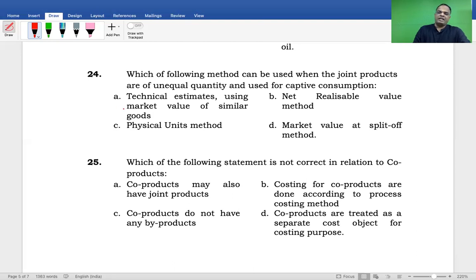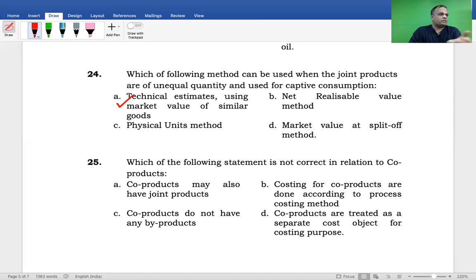Captive consumption, unequal quantity, then better you go by way of technical estimate using market value of similar goods. The technical value method is also called the technical evaluation method or survey method.